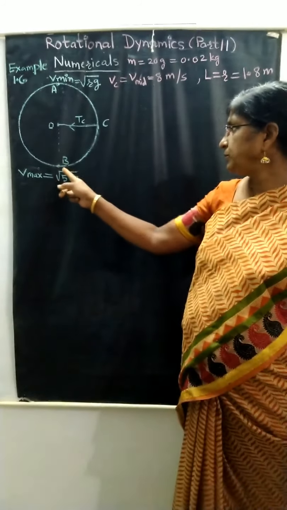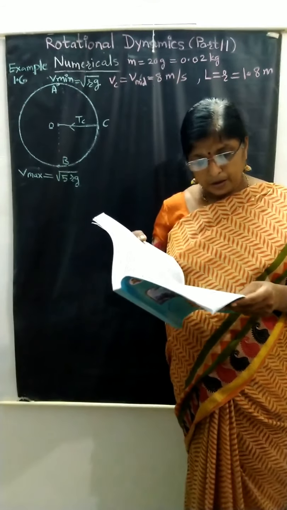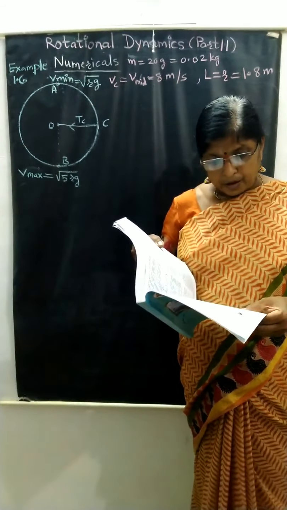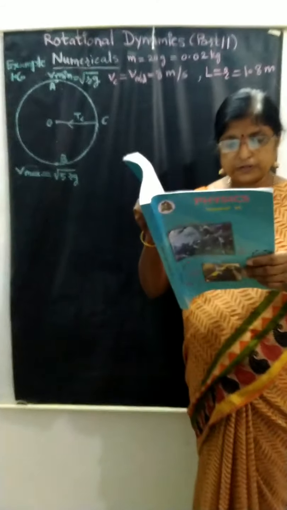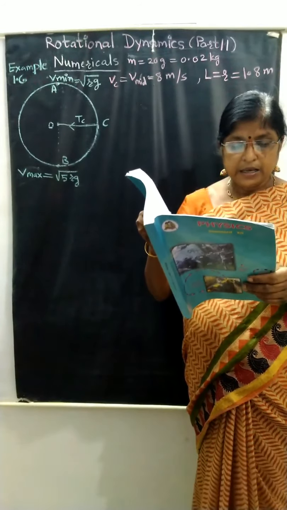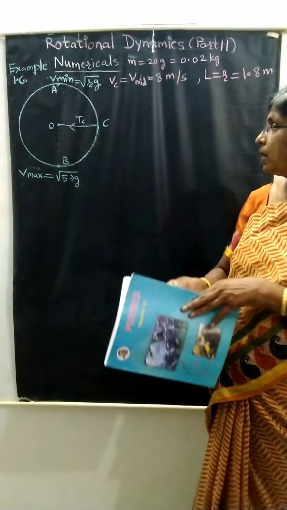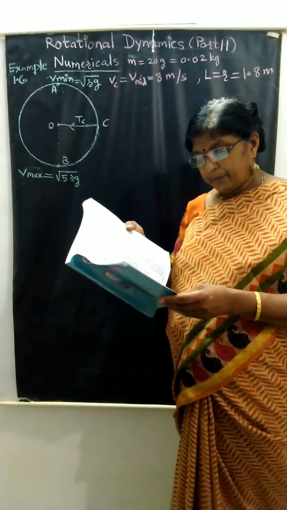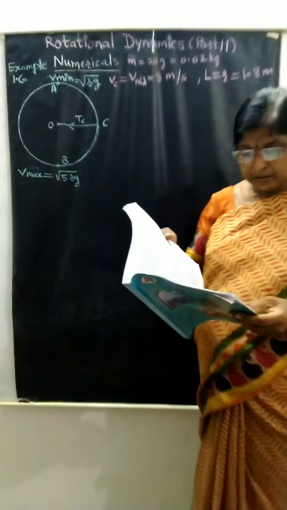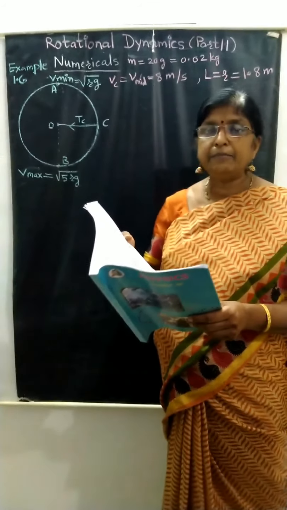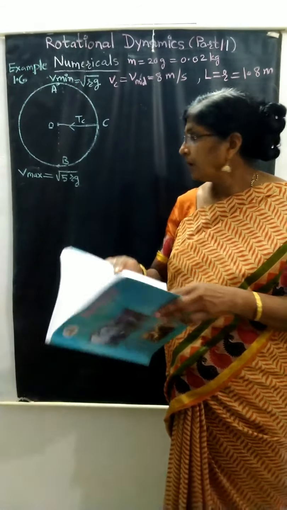Means at this point B, theta is considered as 0. Determine the angular position of the string when the force due to tension is numerically equal to the weight of the stone. Means we have to find a point P where the magnitude of tension and the magnitude of the weight will be the same.